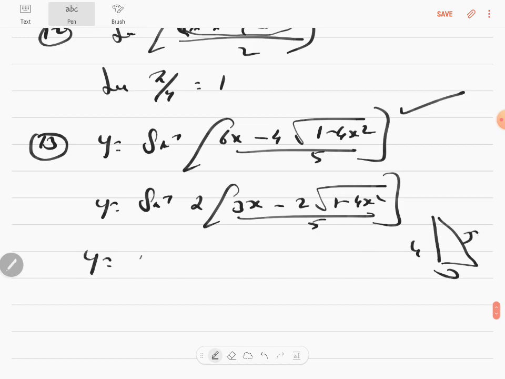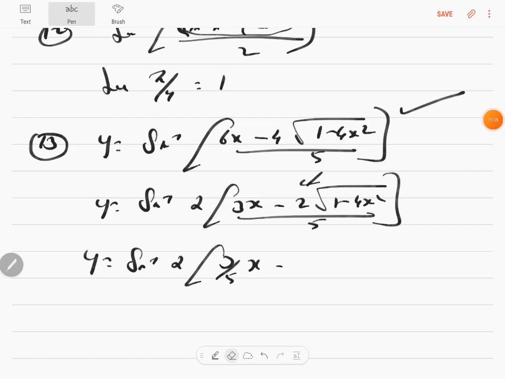So can I write it as sin inverse of 2 into 3 by 5 into x minus... If I take the 2 out, I'm getting this 3x, but I'm getting this changed to 2. This is a very important sum where I'm trying to convert it into a triplet.